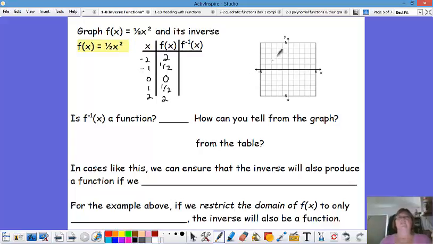So there's our function: negative 2, 2; negative 1 and 1/2. This is going to be a parabola, but it's going to be a little wide one because that a value is 1/2. That widens things out. So here's our original function.